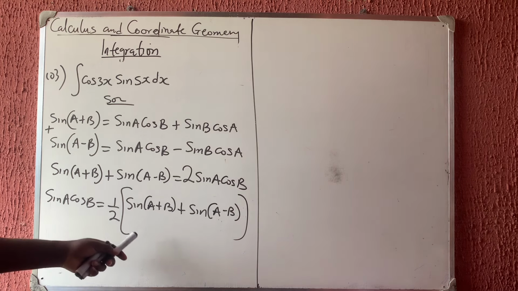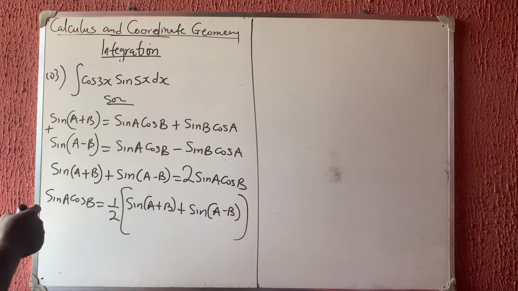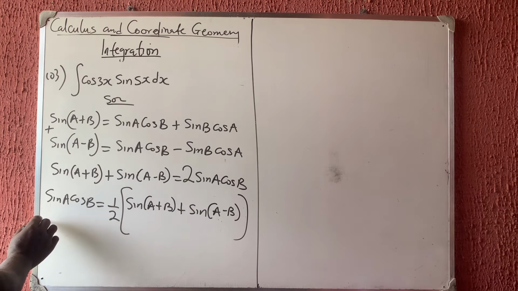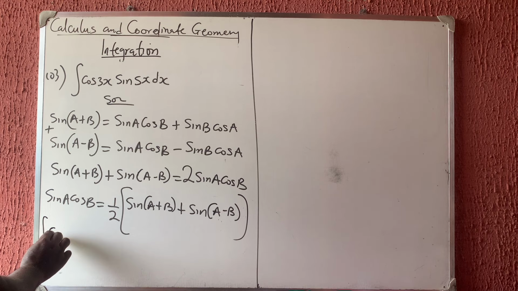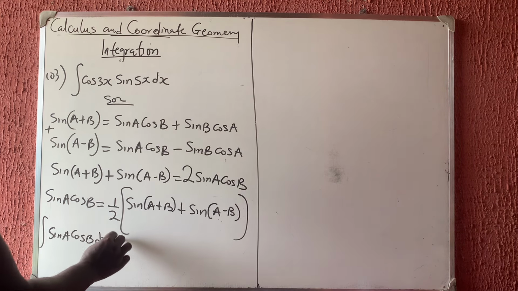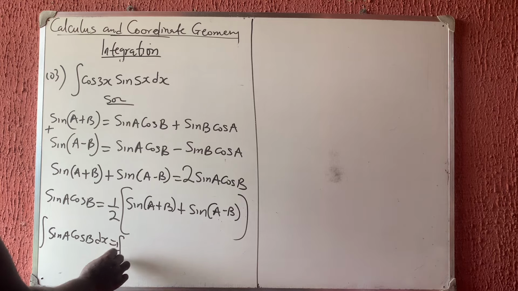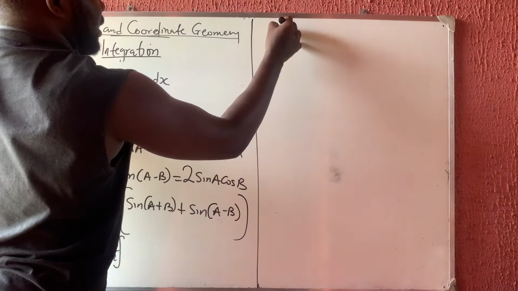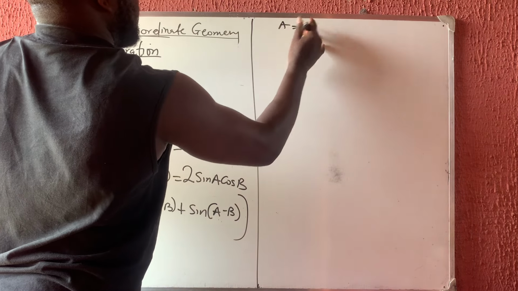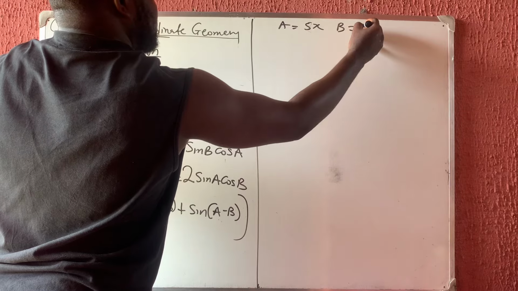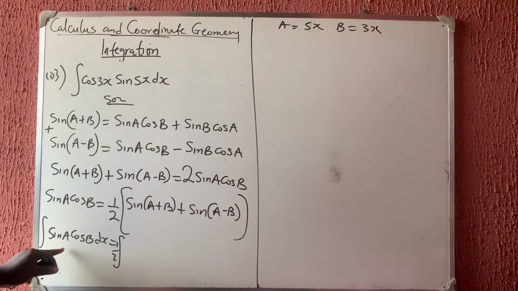Now watch me. My a is 5x, while my b is 3x, because sine is having my a and cos is having my b.